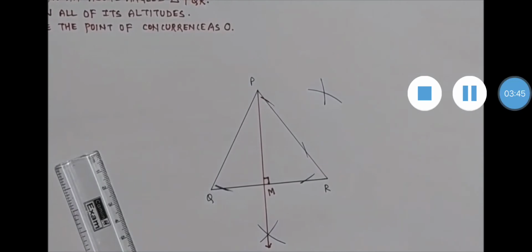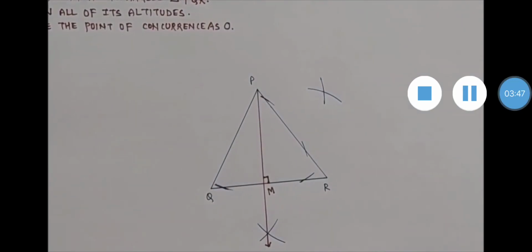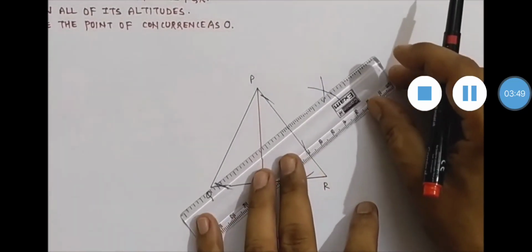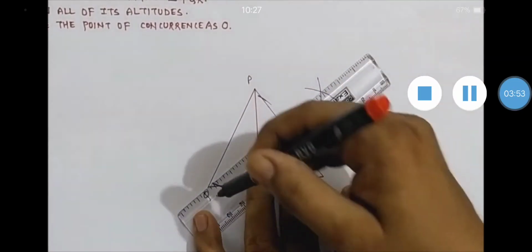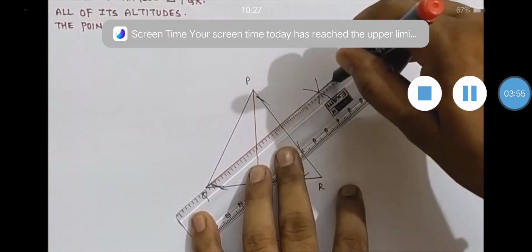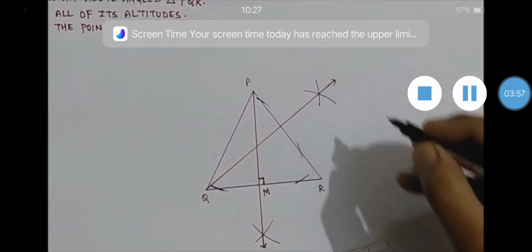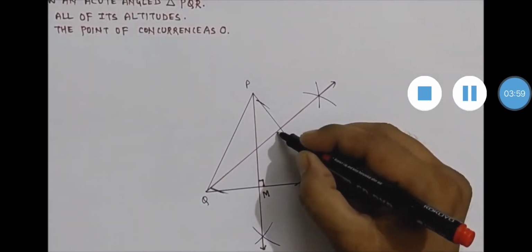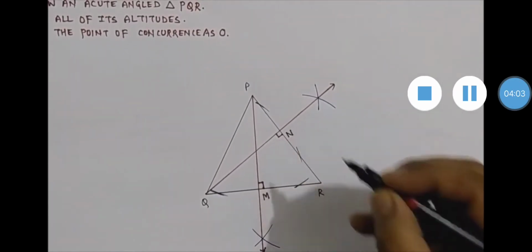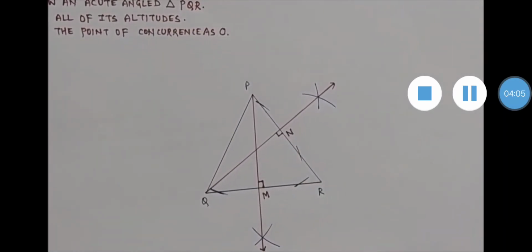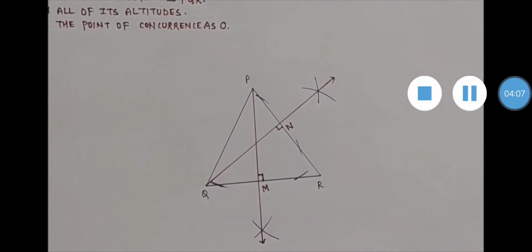Now join point Q and the arc point. The second altitude we have drawn is from vertex Q. Name that point as N.